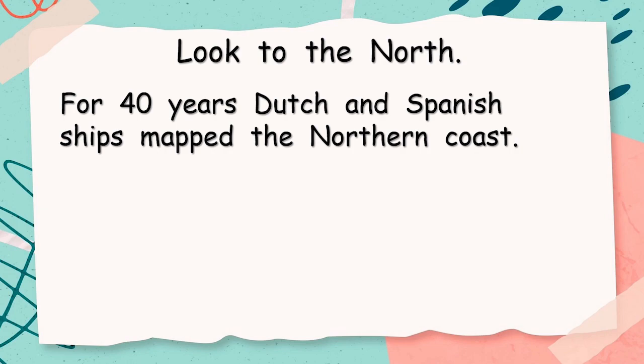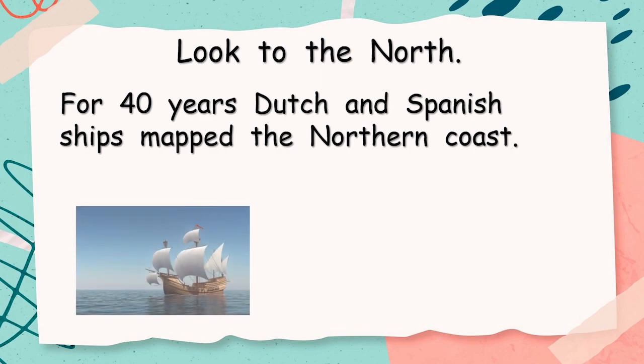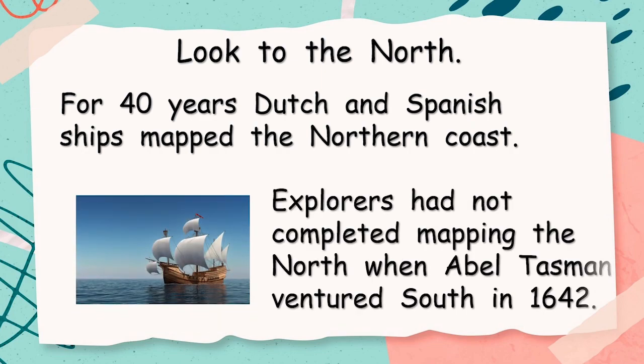It was so big, it was taking a very long time. Explorers had not completed mapping the north when Abel Tasman ventured south in 1642. Even then, they had no idea how large this new land was.